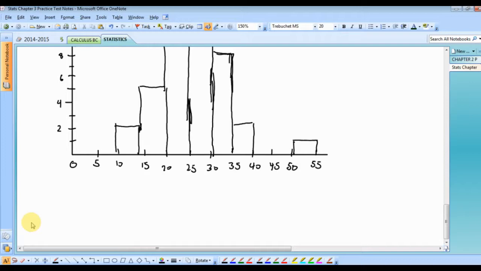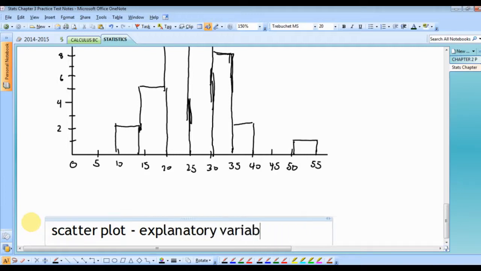Julie? I have a question about scatter plots. How do you know which to put as your x value and what as your y? So for a scatter plot, you want to have the explanatory variable on the x-axis.